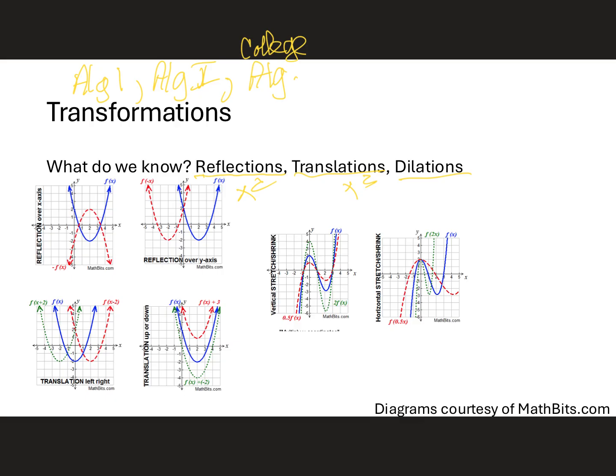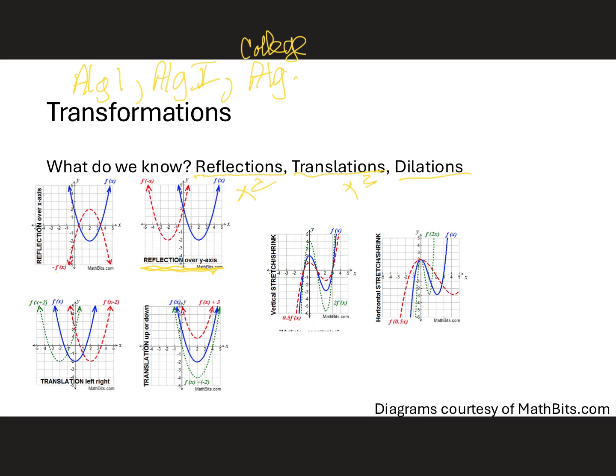And if you remember, if we were doing reflections, if our main graph is the blue one, and that is f of x, then if we have a negative times the whole function, or times the main part of the function, then that negative will flip the graph over the x-axis, okay? If we have a negative times the variable, that will flip the graph over the y-axis, okay?